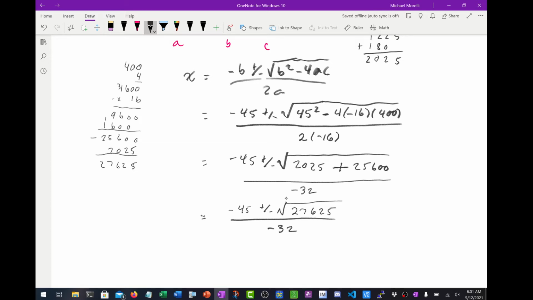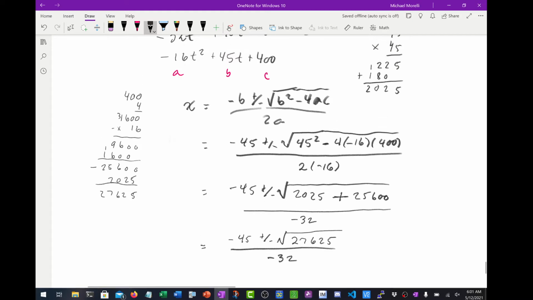Now, here's the problem we're going to run into. I have no idea what the square root of 27,625 is, and I don't have a calculator. I can't use a calculator. So this is going to hinder my ability to find the answer because I can't calculate that square root. I could just start guessing numbers, but still, that's a tall order.